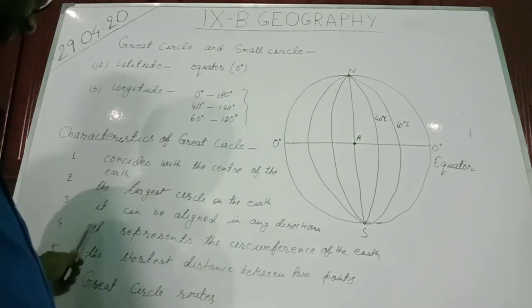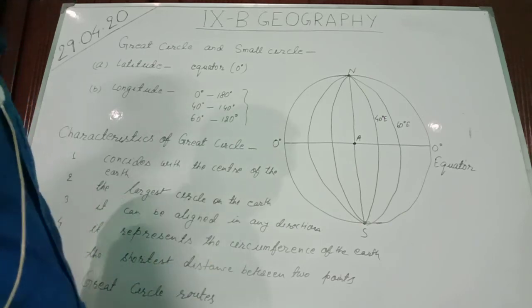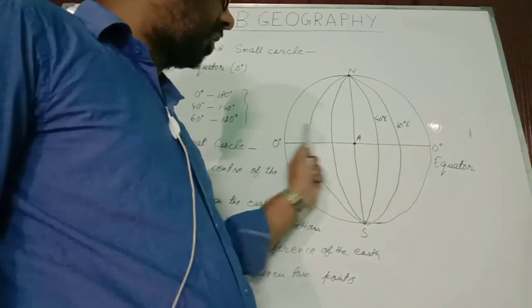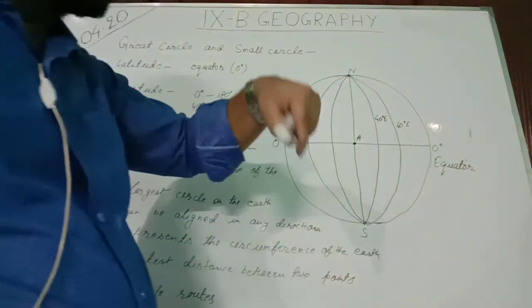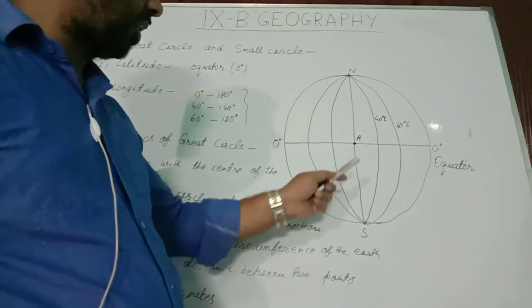And next, it represents the circumference. Suppose you measure all around the globe, then you will get the circumference of the earth.